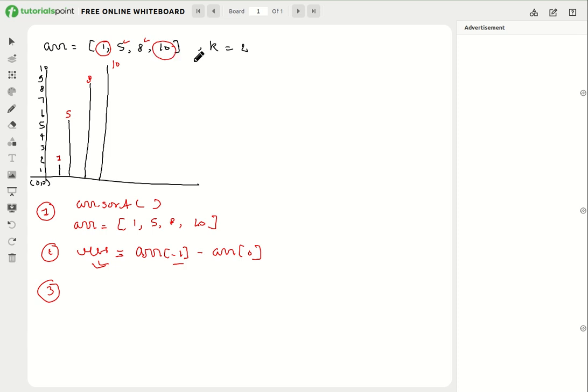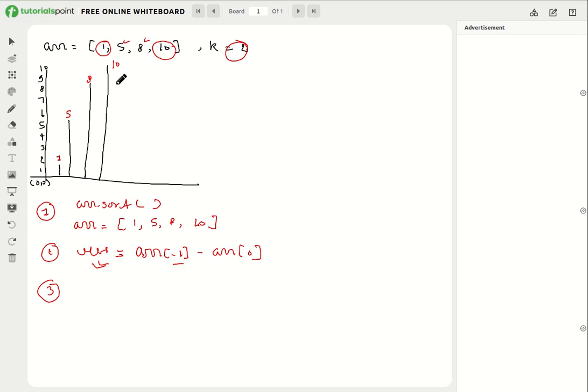Whatever the possible numbers, we have to increment and decrement by this value, and then find the largest tower and the smallest tower, and then we will subtract this one, then we will get the minimum heights of the towers, right?